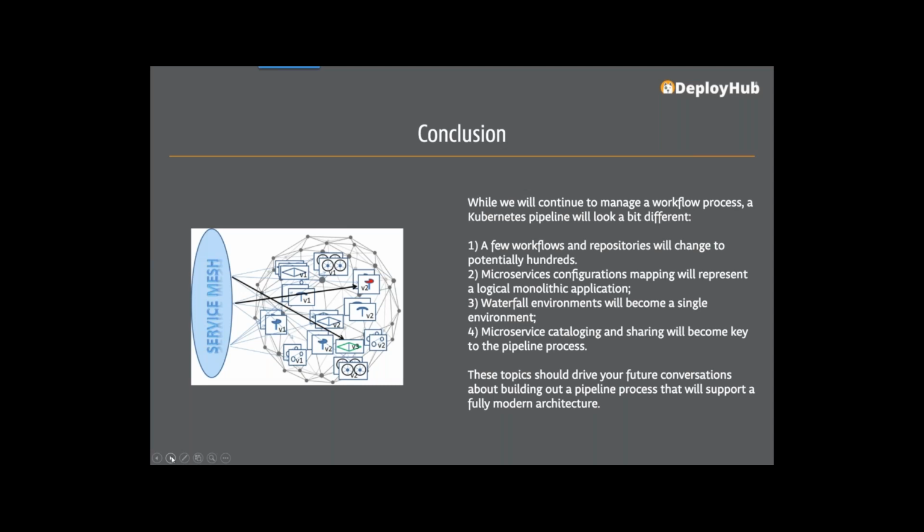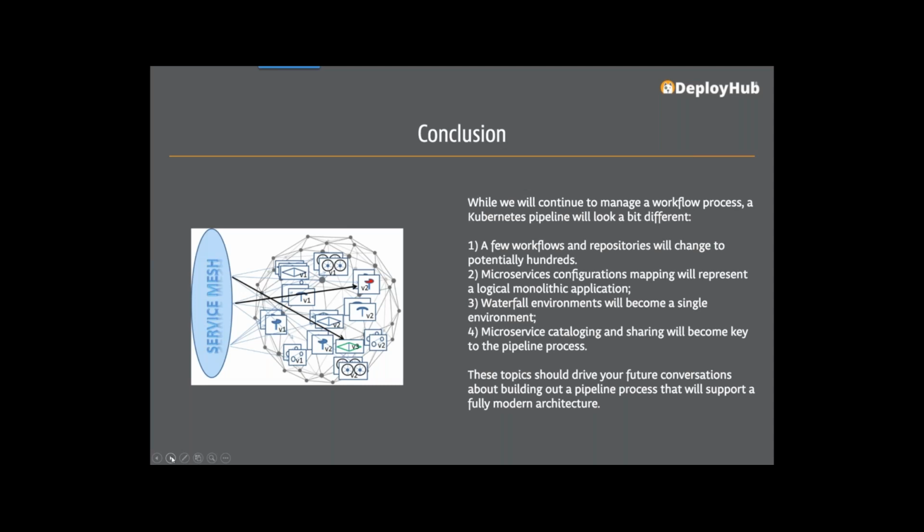Your waterfall environment will become a single environment. No more dev, test, prod. Instead, you'll have personas that the service mesh will route those people to those particular spots. And then finally, you're going to have a way for your teams to catalog and share those microservices, and that cataloging and sharing should become part of your CD process.